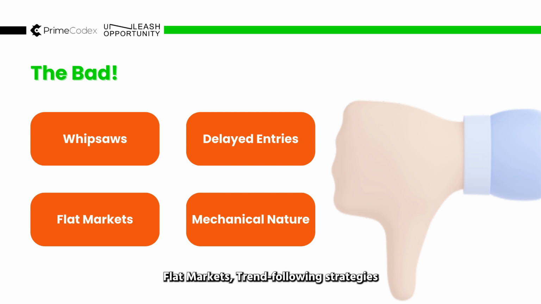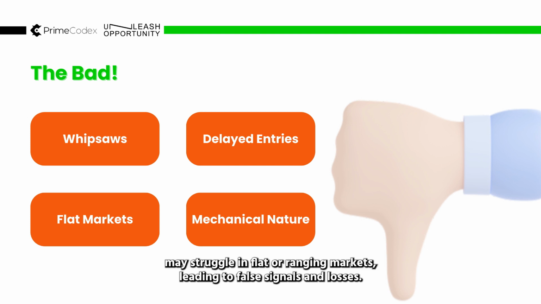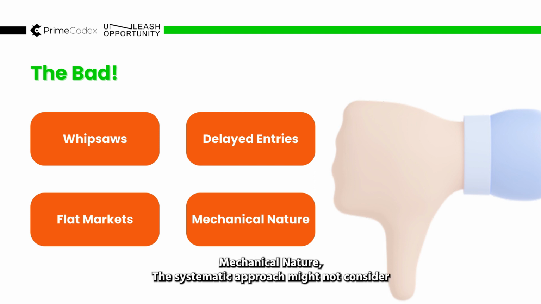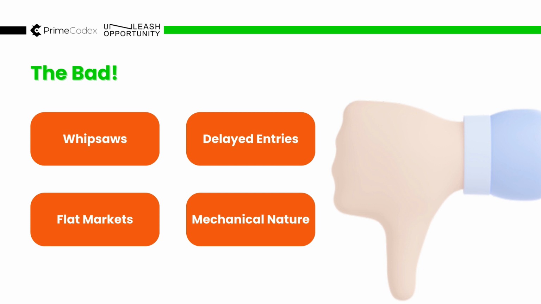Flat markets. Trend following strategies may struggle in flat or ranging markets, leading to false signals and losses. Mechanical nature. The systematic approach might not consider fundamental factors that can impact the forex market, potentially leading to missed opportunities. Alright, let's move to the second type.